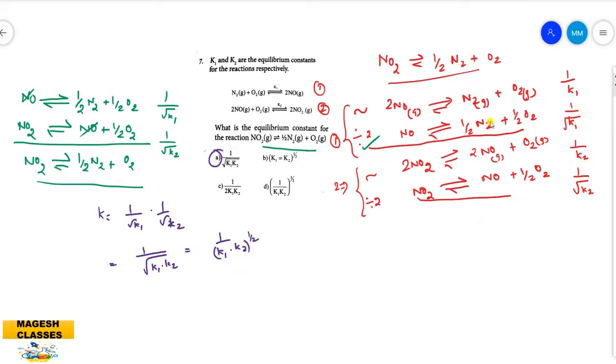You got two equations. By adding these equations, you get the resultant equation. By adding the equations, you have to multiply the equilibrium constant values, and so this value is equal to 1 by root K1 into root K2. This is equal to 1 by root of K1 into K2. Your answer is A.